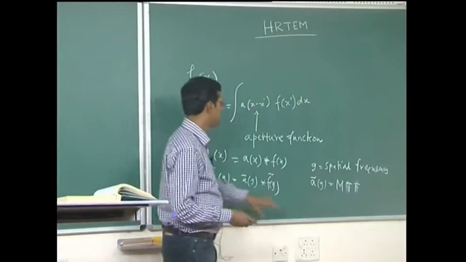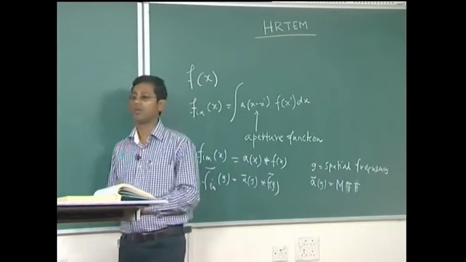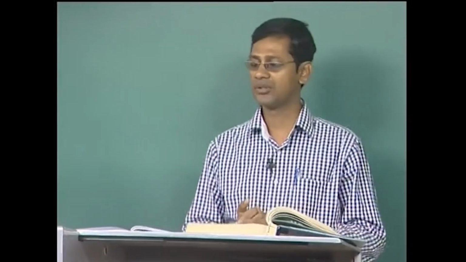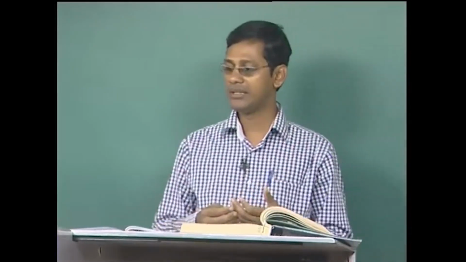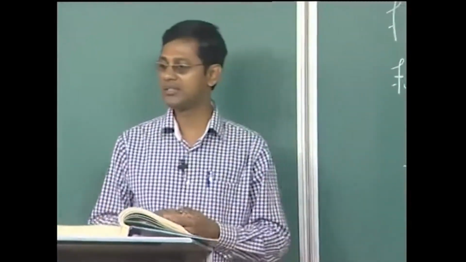So, every imaging device, that is why I said, is characterized by this function called the modulation transfer function, or simply called the transfer function in the books. It describes basically the magnitudes of the spectral frequency, or g, which is getting transferred by this device from the object plane to the image plane.